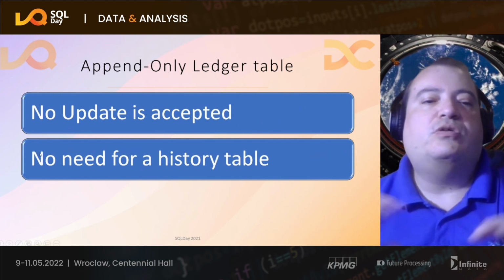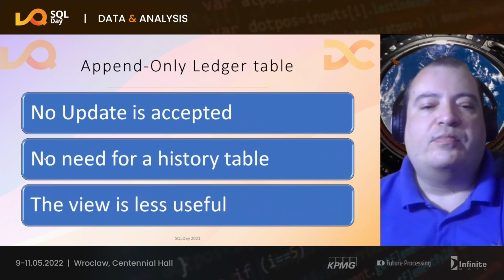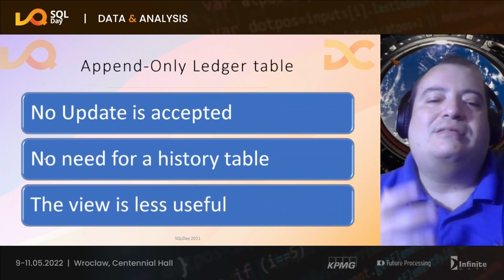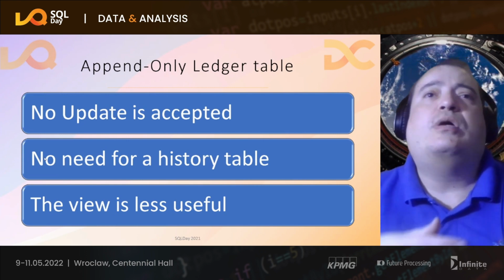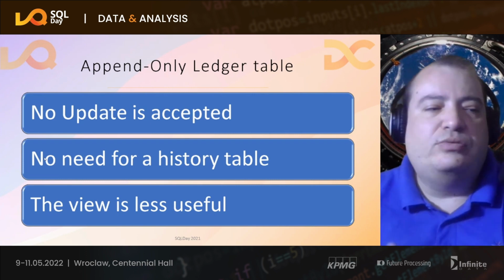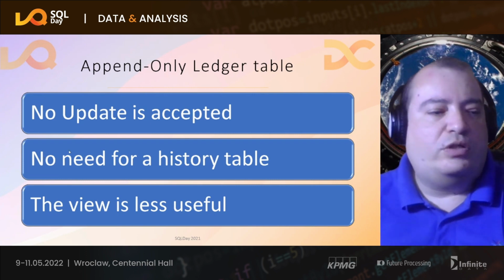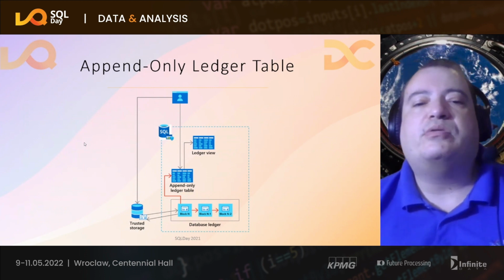No need for a history table on the append-only ledger table. The view is less useful. On an append-only ledger table, we have no updates, no deletes, so the view is way less useful. So this is the scenario of the append-only ledger table.